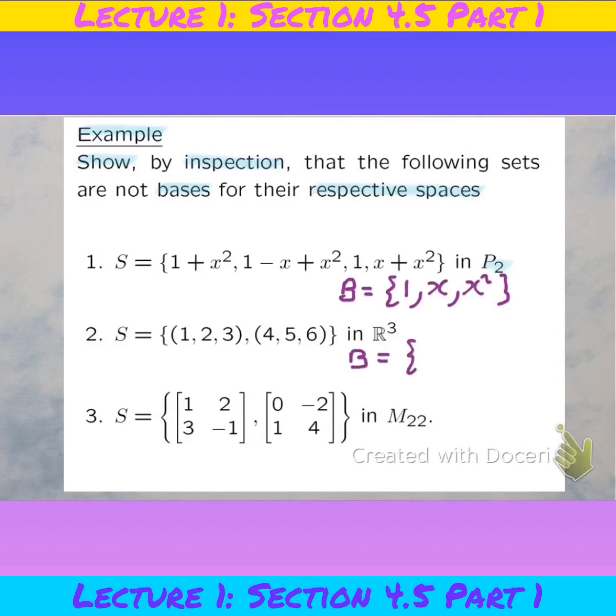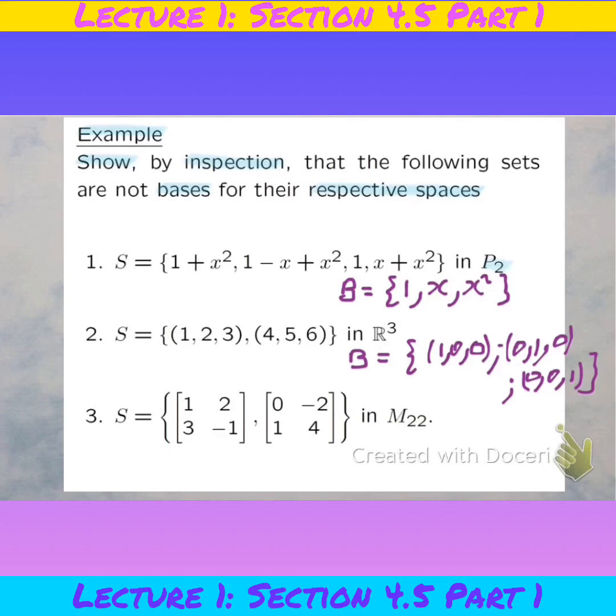In R3, the standard basis is comprised of the standard unit vectors, the last vector being 0, 0, 1. That standard basis has 3 vectors in it. Clearly S has 2, so S has fewer vectors than the standard basis. That implies my set S can definitely not span R3, so it's not a basis.